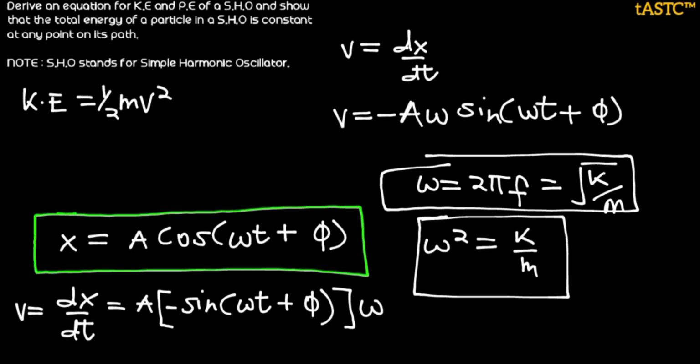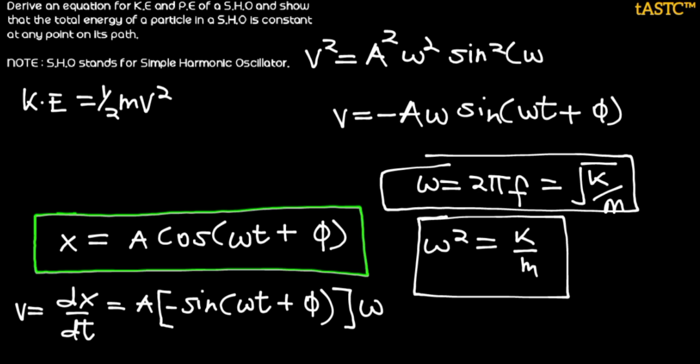Now what if we wanted to square this? What is that going to give us? Now if we squared that, v squared, that is going to be negative all squared, which is going to be a positive. And A all squared is going to be A squared. This is going to be omega squared. And this stuff is going to be sine squared of omega t plus phi.